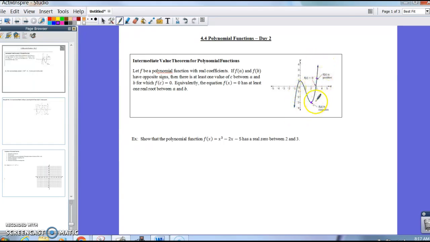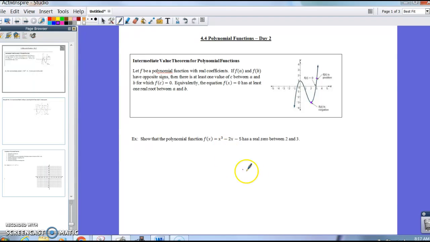Because it's continuous and they have opposite signs, somewhere between a and b, I have to cross the x-axis. Because one is negative and one is positive, I have to cross the x-axis, which means I have to have a 0 between the values of a and b. Okay, that's what the intermediate value theorem is saying.